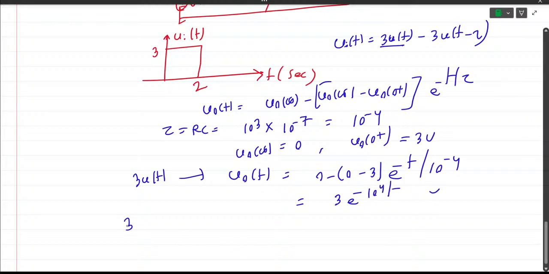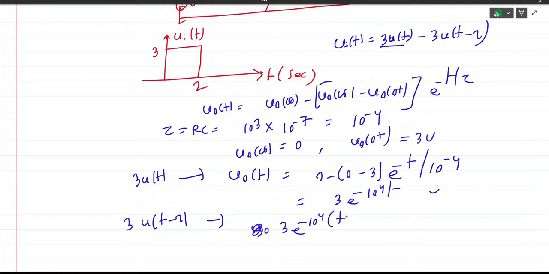But when you shift it to 3 u(t minus 2), as it is time invariant, this output will be 3 e raised to the power minus 10 to the power 4 (t minus 2). Then the input is 3 u(t) minus 3 u(t minus 2).